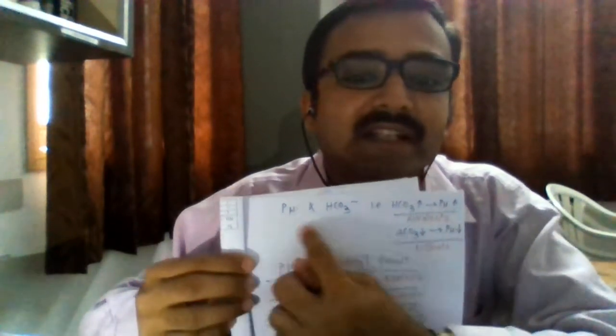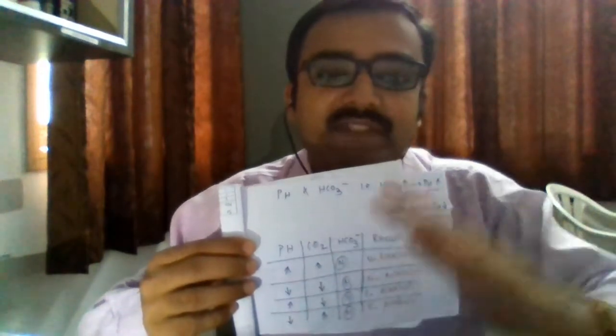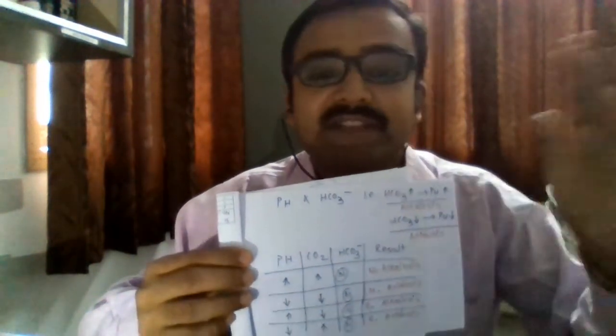Similarly, if pH is decreasing and HCO3 is decreasing, it is termed acidosis. If pH is decreasing, it is acidosis, and HCO3 is decreased, that means it is metabolic acidosis. It is just the reverse of the CO2 concentration. What we have seen is if CO2 increases, pH decreases, then it will be acidosis.